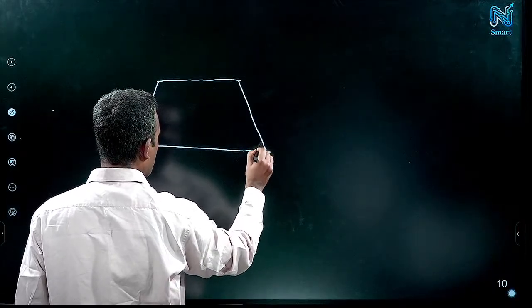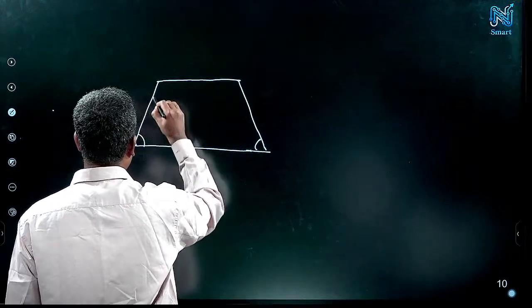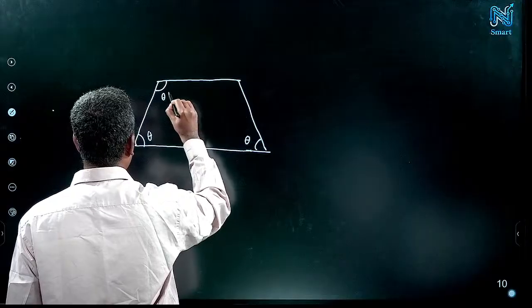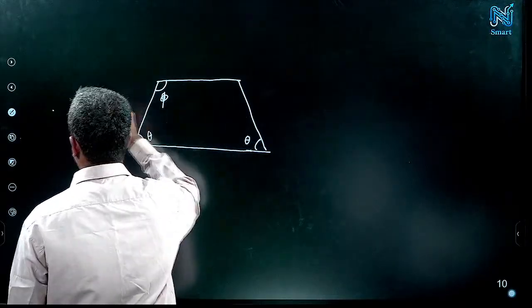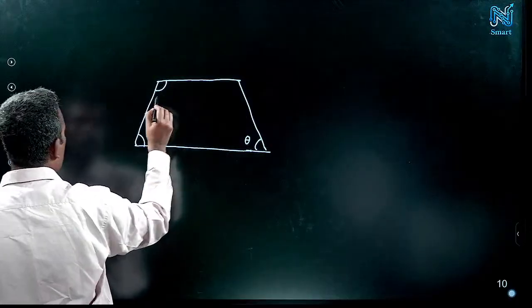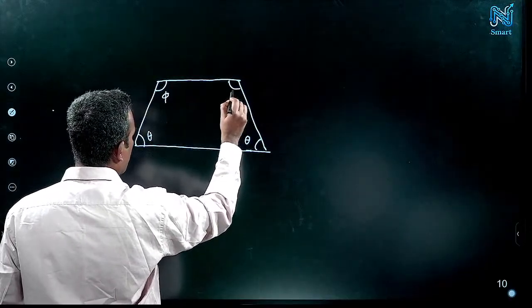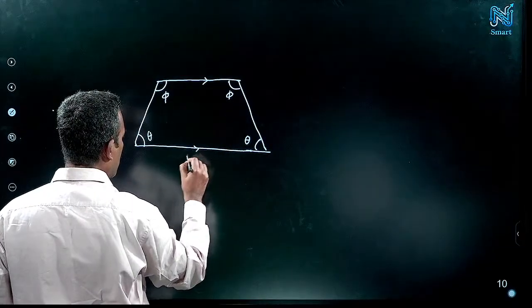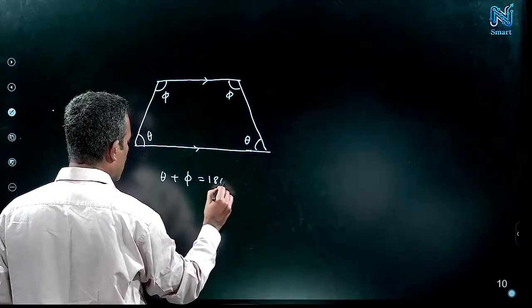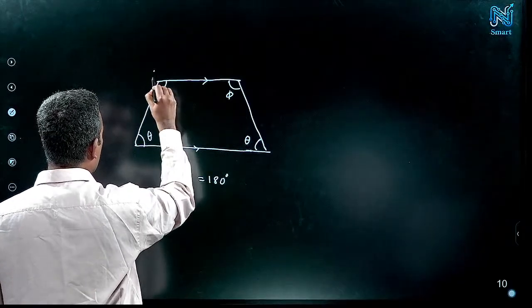We draw the isosceles trapezium. Theta, theta, phi, phi. Theta plus phi is 180 degrees, and these two sides are equal.